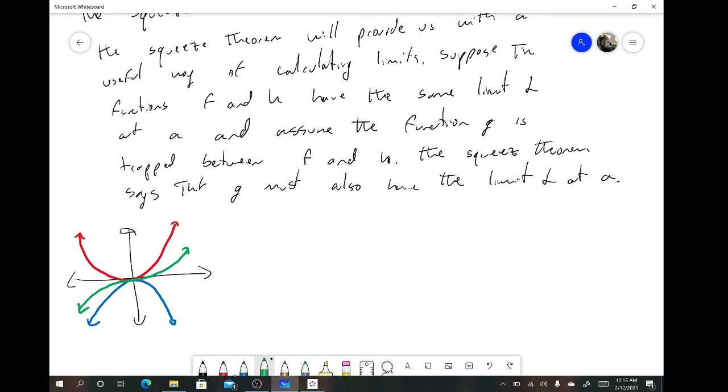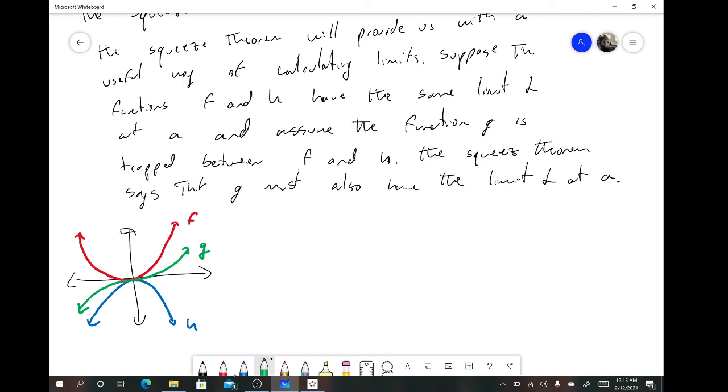So let's give these functions names. Let's say this is f, let's say this is h, and this is g.